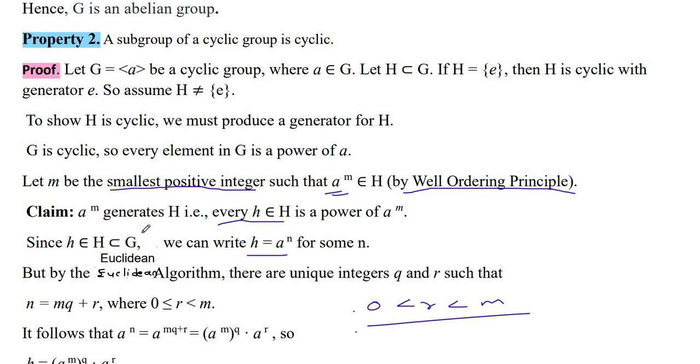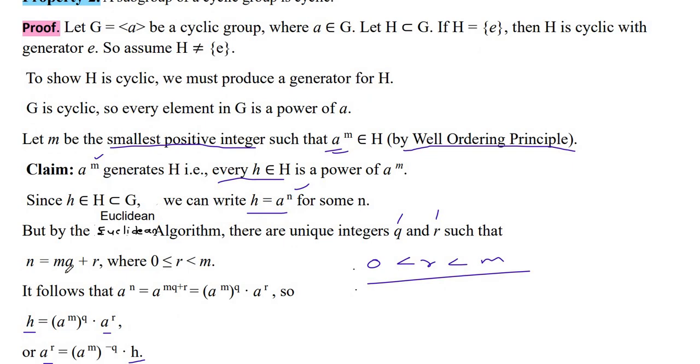Now having these two integers m and n, we can find two more integers q and r. By the Euclidean algorithm, we can write n as mq plus r with 0 ≤ r < m.